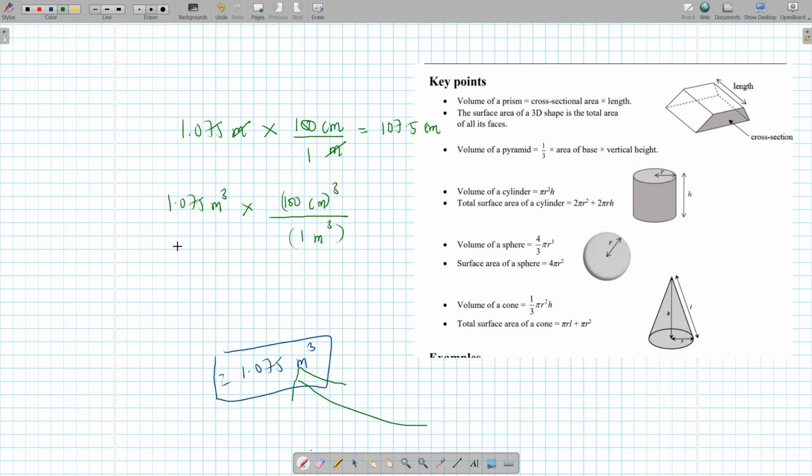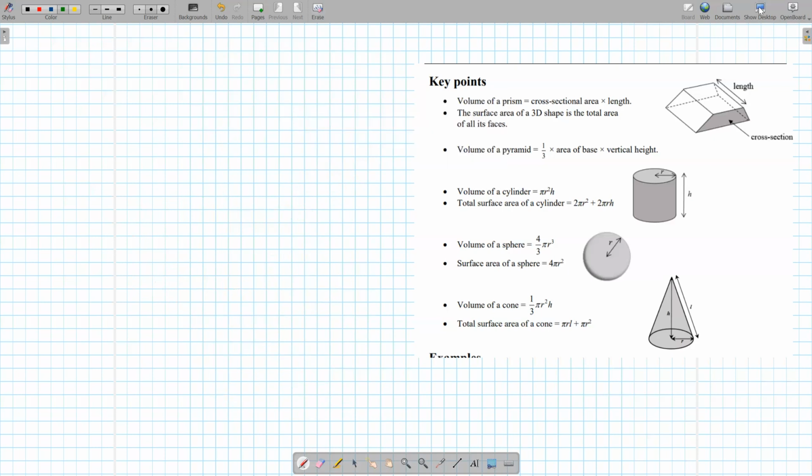So you're actually multiplying by 100 three different times, which means multiplying it by 1,000,000. 1.075 times 100 cubed will be 1,000,000 in centimeters cubed because of this cubed element. If it was squared, if we wanted the area, then we would just square this. You'd multiply it by 100 twice. So when there's an exponent, things get a little bit more difficult.